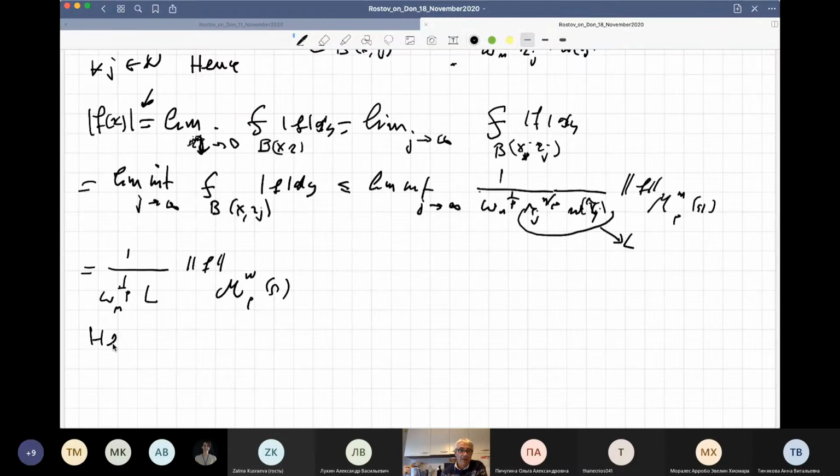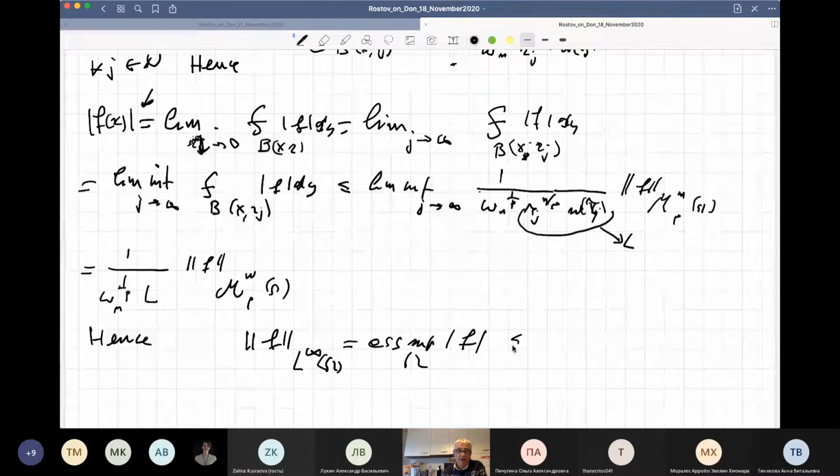Hence, the essential sup of F in omega is less or equal than 1 over omega n, L norm of F in MWP omega.